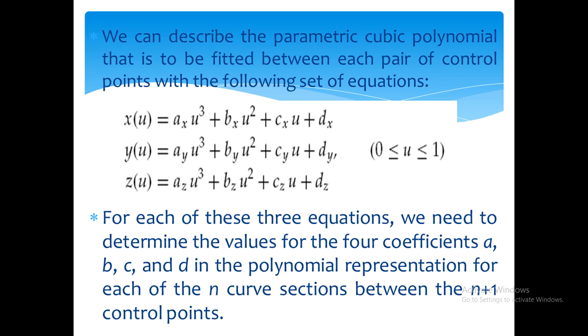For each of these three equations, we need to determine the values for the four coefficients a, b, c and d. In the polynomial representation, for each of the n curve sections between the n plus 1 control points, means if you have n plus 1 control points, you will get n curve sections.